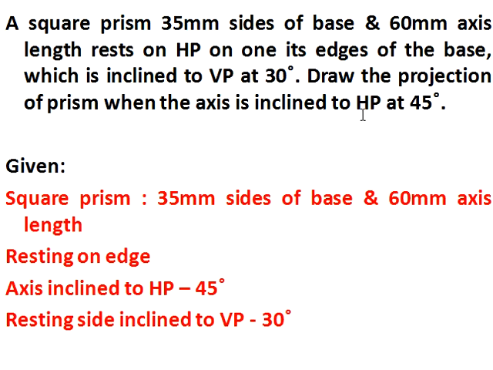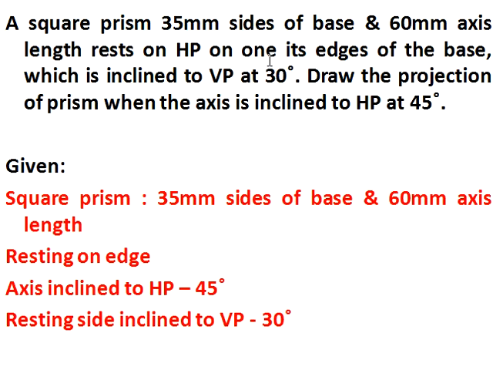Here in the last sentence it is given that axis is inclined to HP at 45 degree. That means in second step we have to rotate axis by 45 degree with respect to HP, and in third step we have to rotate by 30 degree, but identify whether we have to rotate axis by 30 degree or resting side by 30 degree.